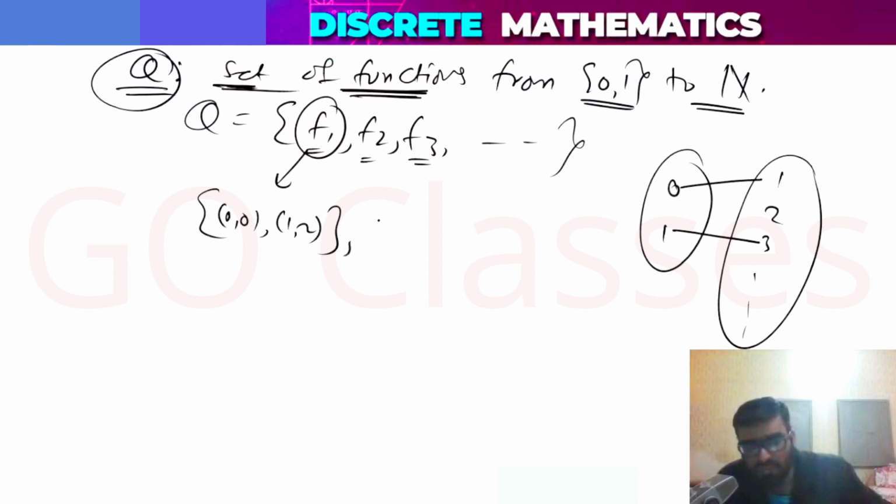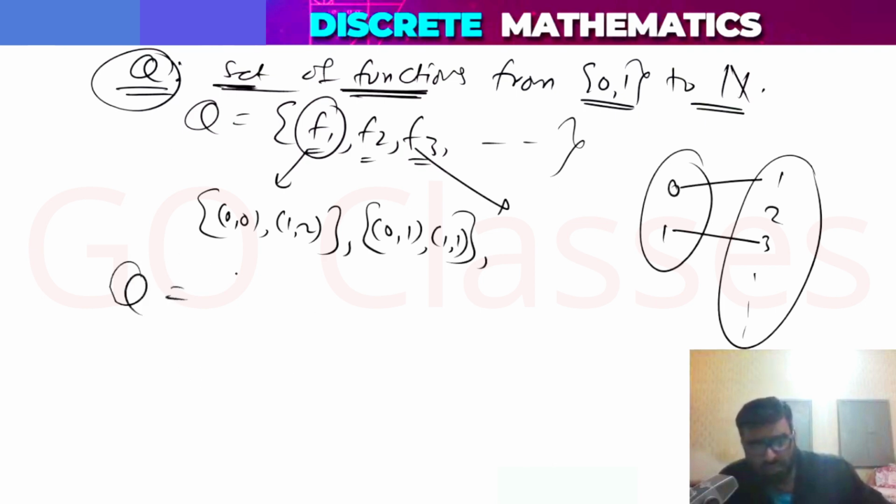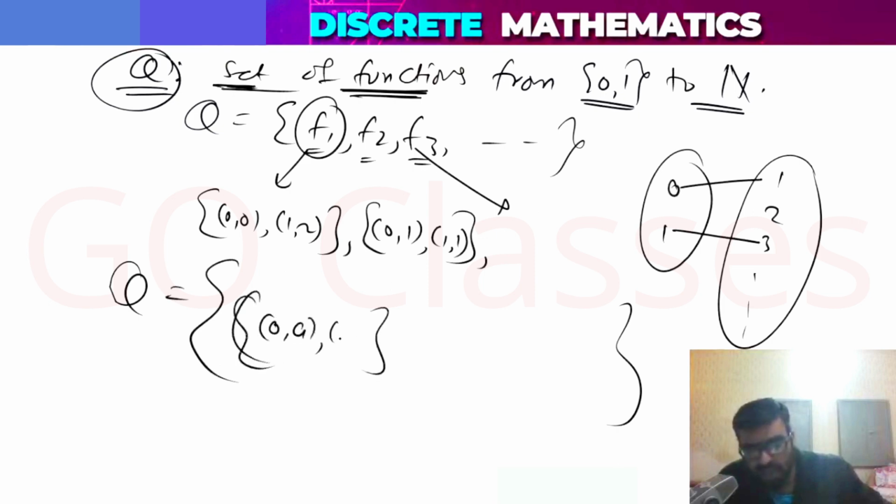This f2 could be like this: 0 is going to 1 and 1 is also going to 1. This f3 is also a function. So every function is basically like this: 0 is going to some element a and 1 is going to some element b.